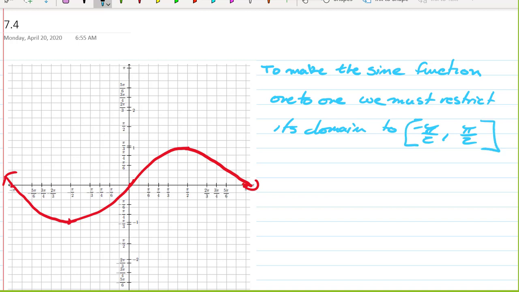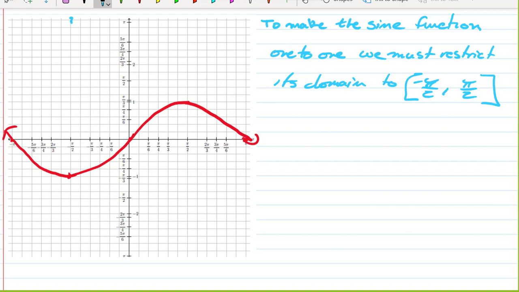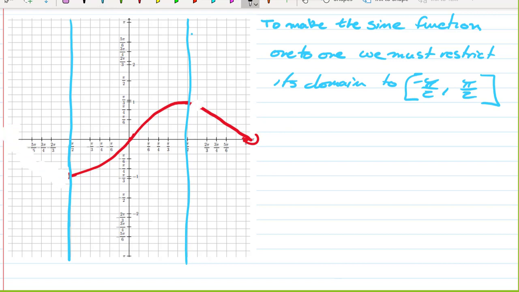So basically what we're going to do is chop off the sine function here and here, and imagine getting rid of everything that's out here. If we do that, this new function is 1 to 1. That is, it passes the horizontal line test.